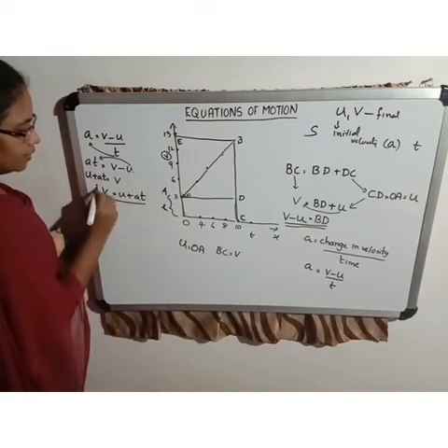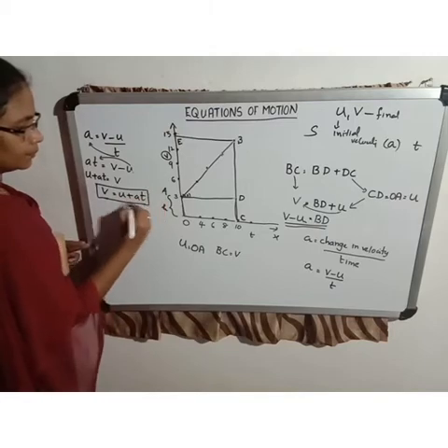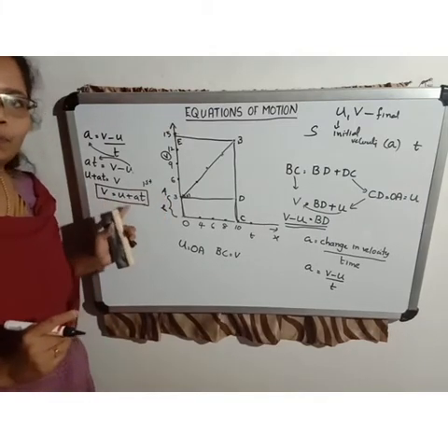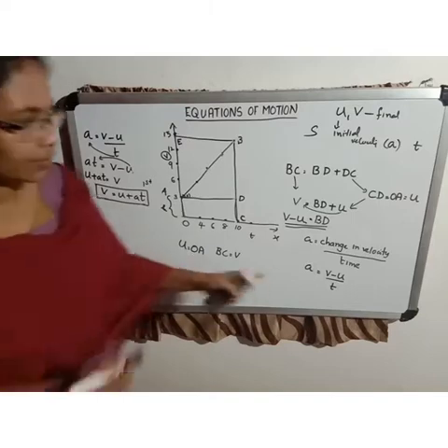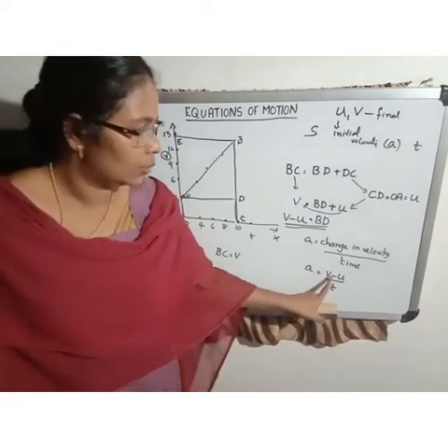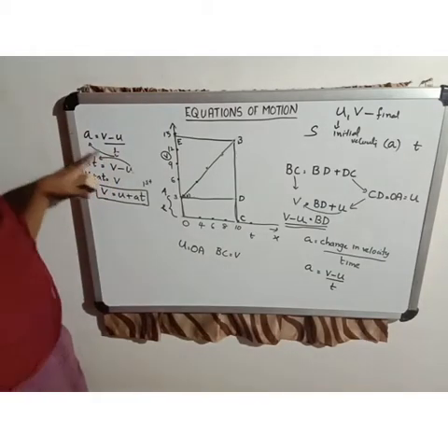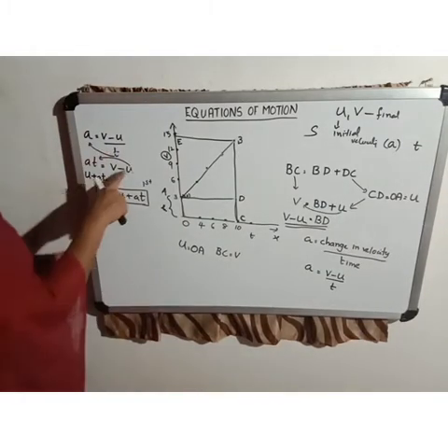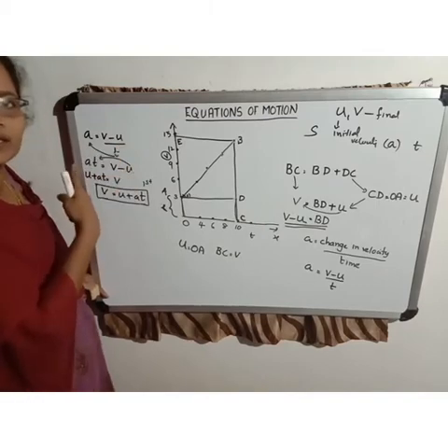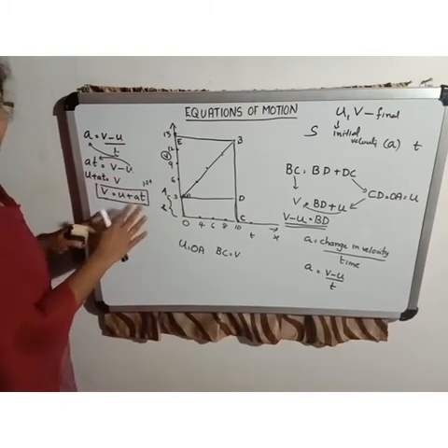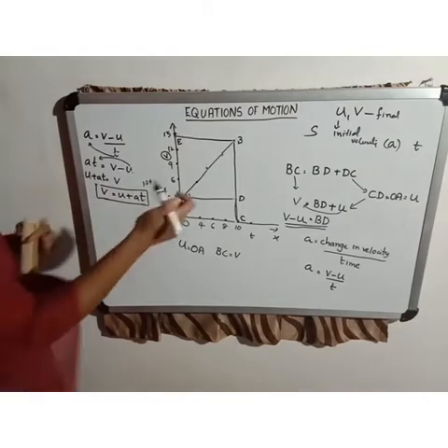This is the first equation of motion. First equation of motion is V equal to U plus at. I just write like this: acceleration is equal to V minus U by t. T comes to this side, it becomes at. And when minus U comes to that side, it becomes plus U. Okay, this is for the first equation. I need to write one more thing here.